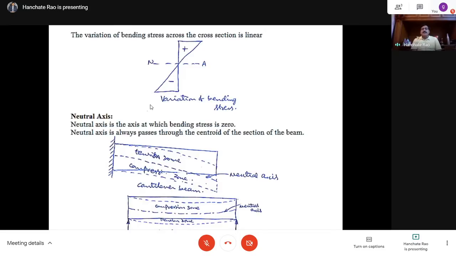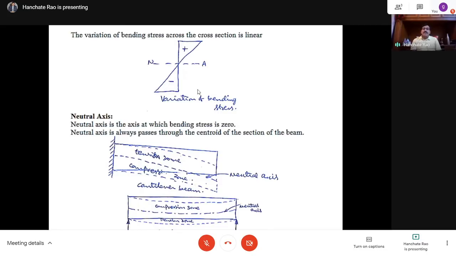In such a case, it is well within the elastic limit. That is why stress is proportional to strain, and because the strain is linear, the bending stress is also linear. But please remember, when you go for the limit state method of design, this differs.